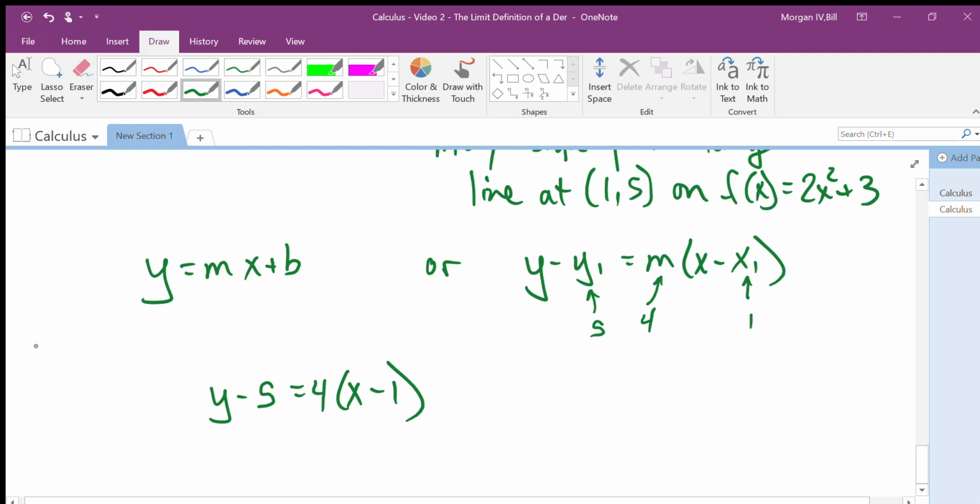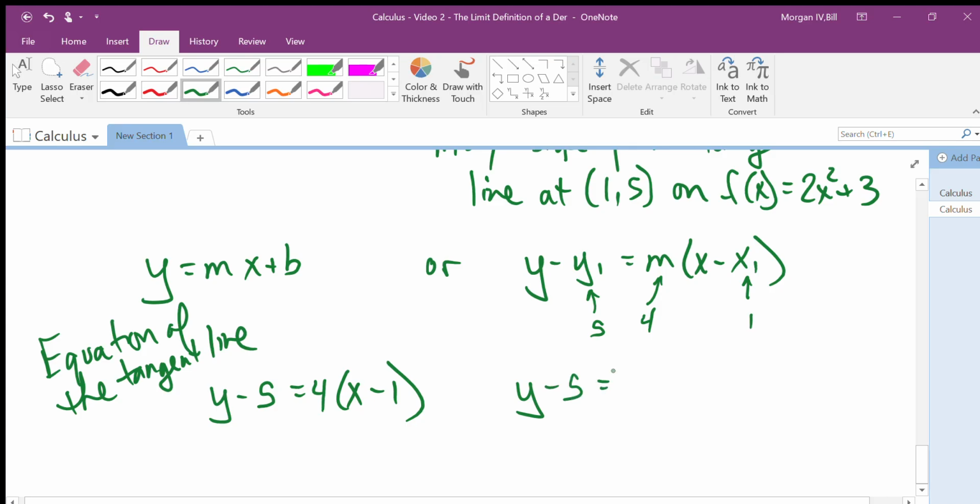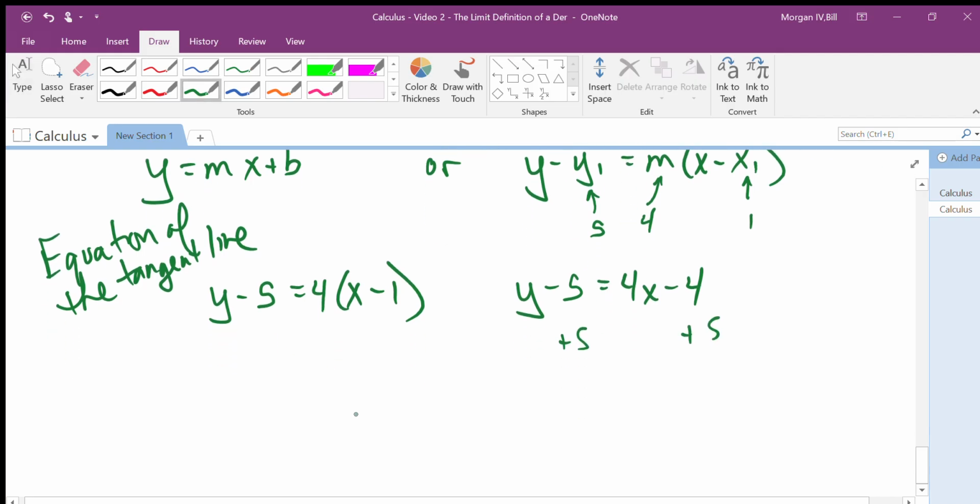Again, we're finding the equation of a tangent line. Y minus 5 is equal to 4 times x minus 1. Distribute the 4. Y minus 5 is equal to 4x minus 4. Then add 5. And we get y equals 4x plus 1.